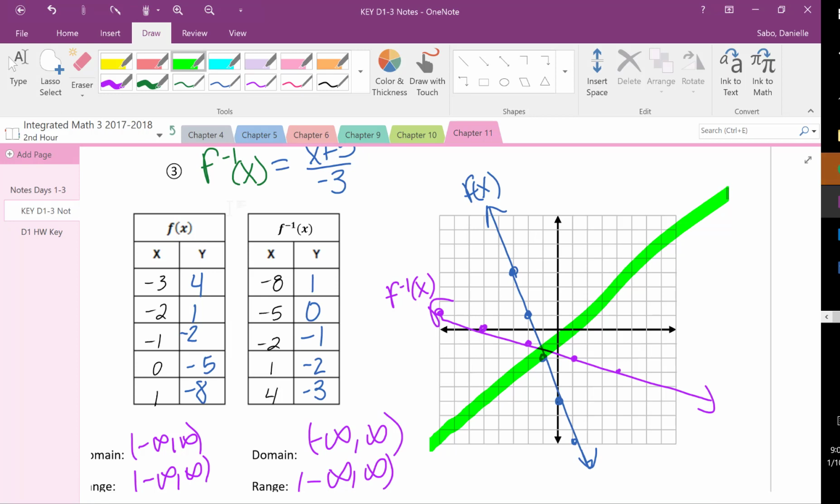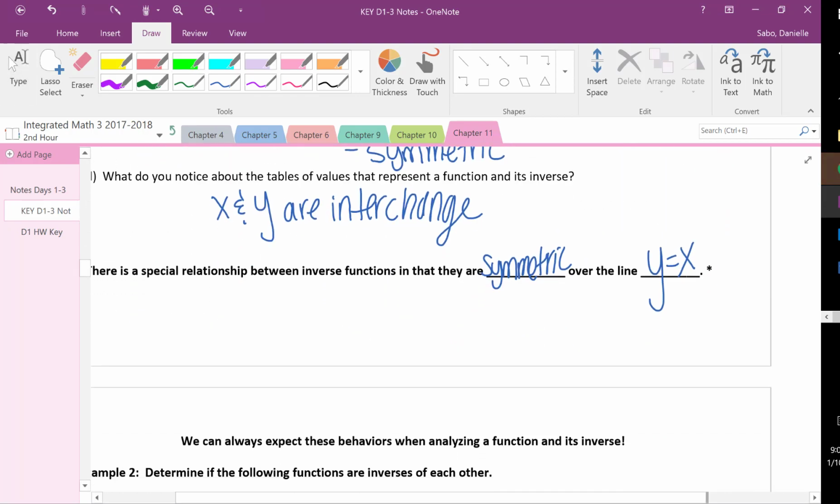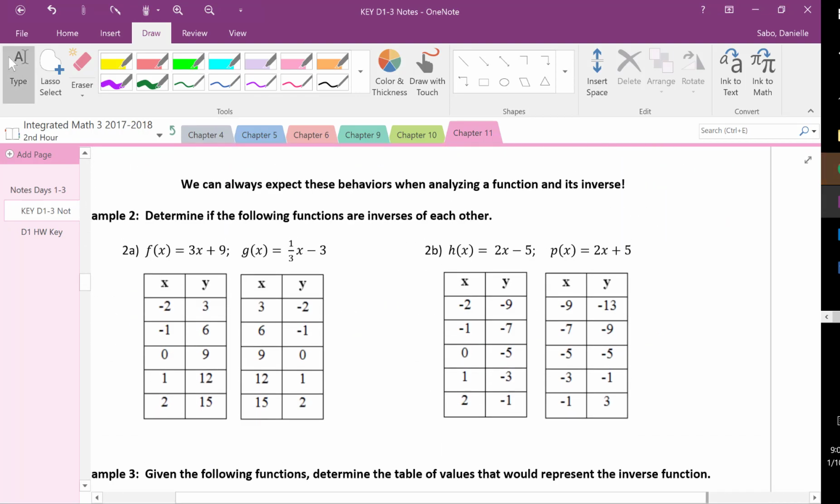Flip it. We're almost done. We got 2 more examples. We're not doing the graph part of the next page. Okay, this is actually probably the easier of the bunch. We're looking at the tables, and we're asking, are they inverses of each other? So when we look at these, do these switch? When I go from f of x to the inverse, yes.